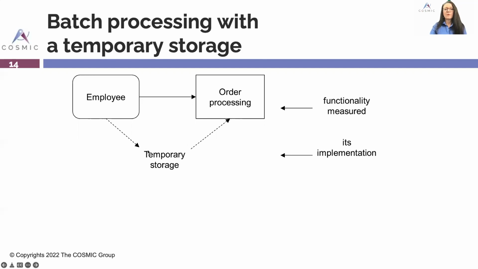But if what we call temporary storage is, let's say, a file in a database whose content will only last for the time during which the functional process executes, because it will be destroyed at the end.